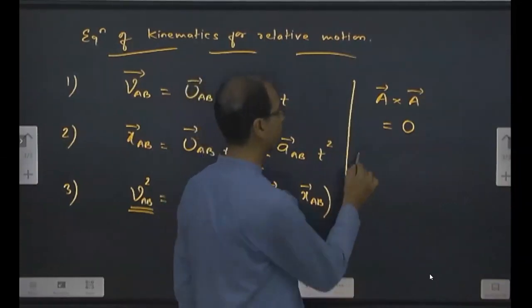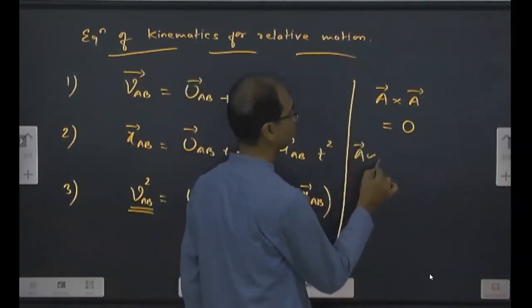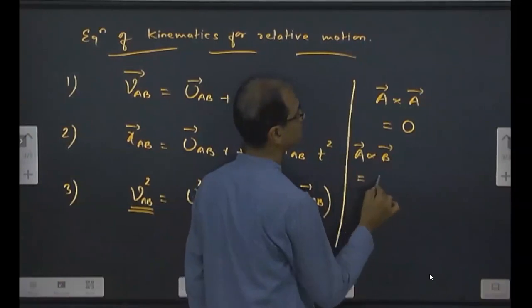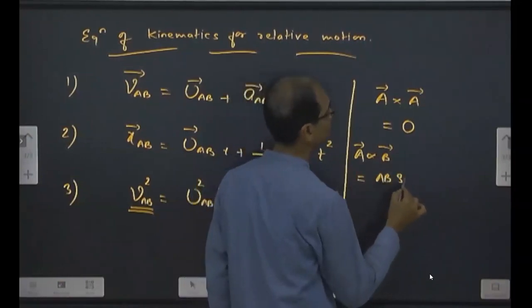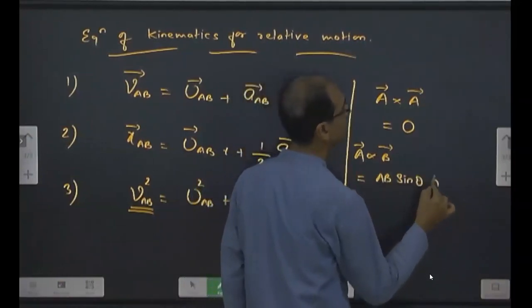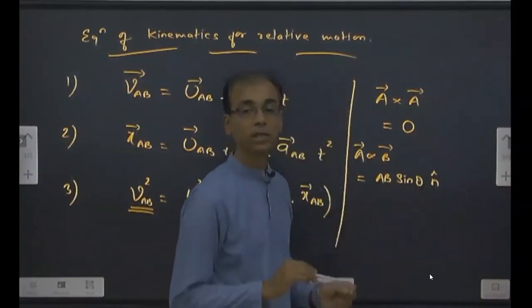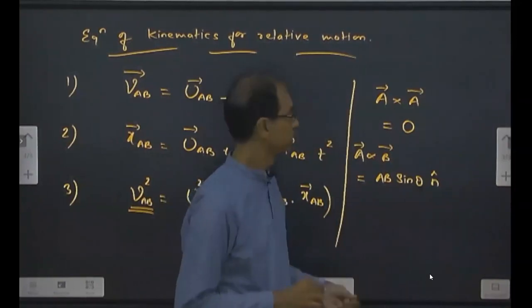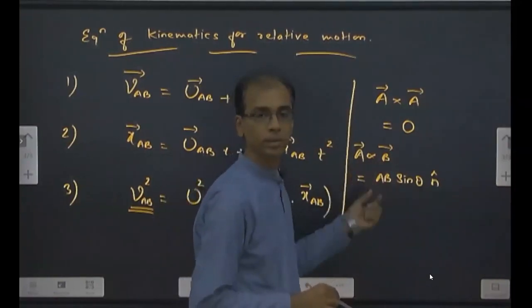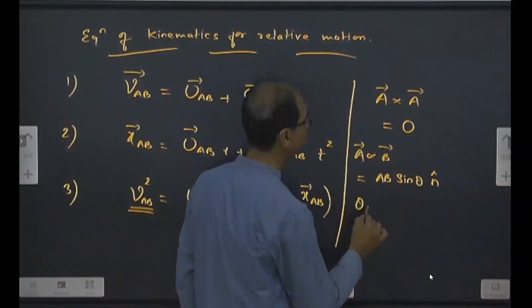A cross product, when we say A bar cross B bar, it is basically AB sine theta into n cap. What is this theta? Theta is the angle between two vectors.